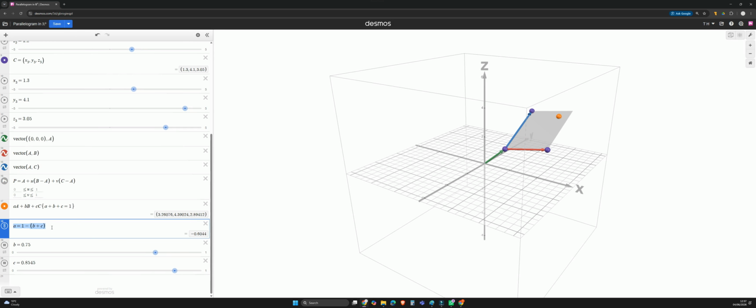Notice that inside this box we have a is equal to 1 minus (b plus c), and below that we have the conditions for b and c. They both have to be greater than or equal to 0 and less than or equal to 1. This expression over here is generating the point in orange.